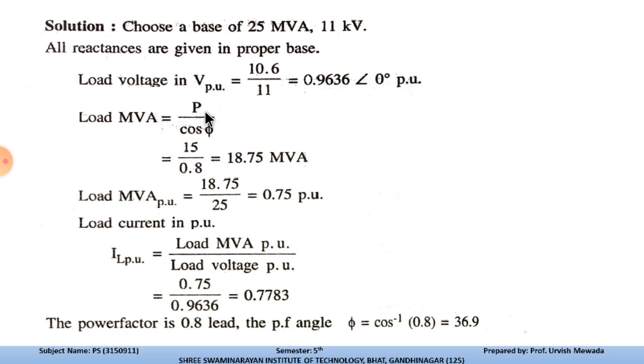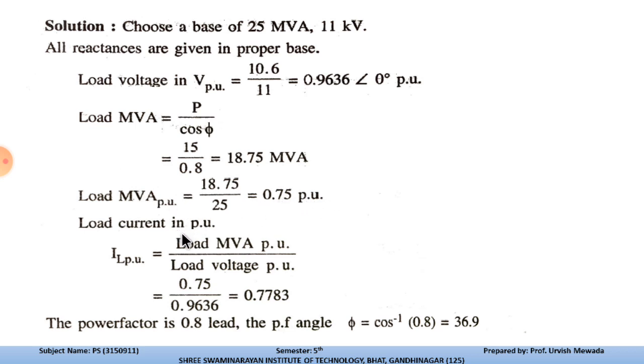The load MVA is P by cos phi, so the active power 15 divided by 0.8, so the load MVA will be 18.75 MVA. The load MVA in PU will be 18.75 divided by the base MVA, that is 0.75 PU.